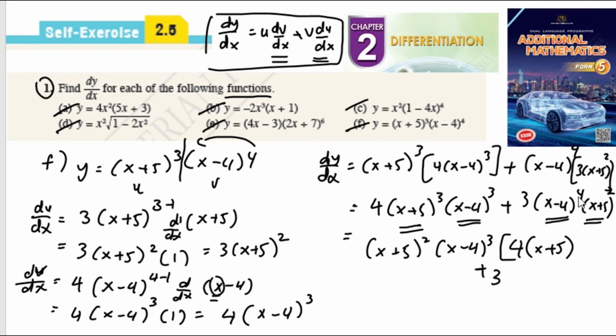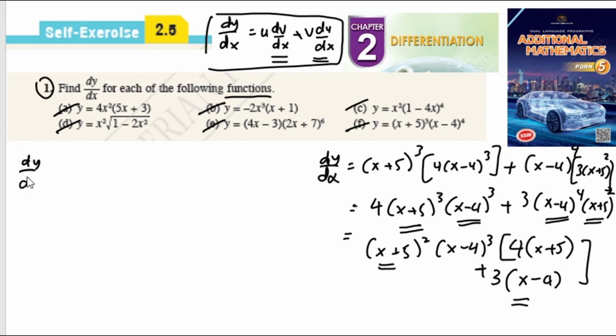For x minus 4 to the power of 4, you take out power of 3, so you are left with x minus 4. And x plus 5 to the power of 2, we already took out power of 2, so we don't have x plus 5 at the back. So the front one, after we take out this one, we are left with this one, and the back one, after we take out this one, we are left with this one.